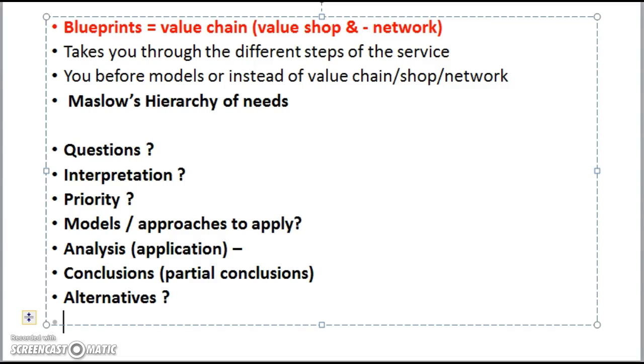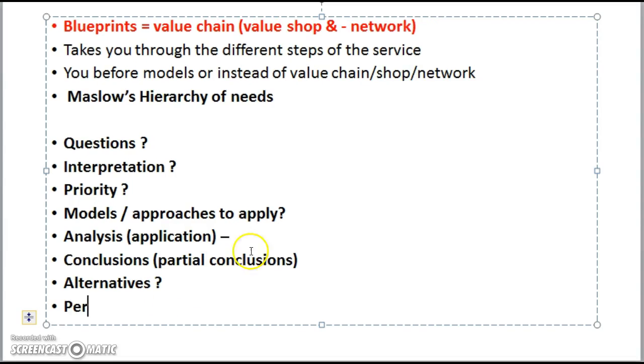And if there's time for it or you're asked for it, try and take the next steps and say, from your analysis and your conclusions, what are then the perspectives? Development from whichever you have been working with.